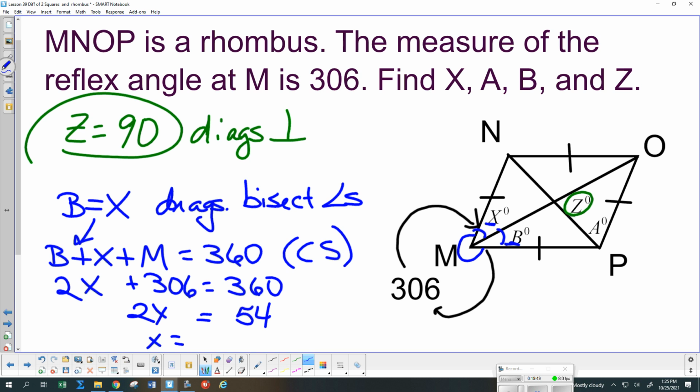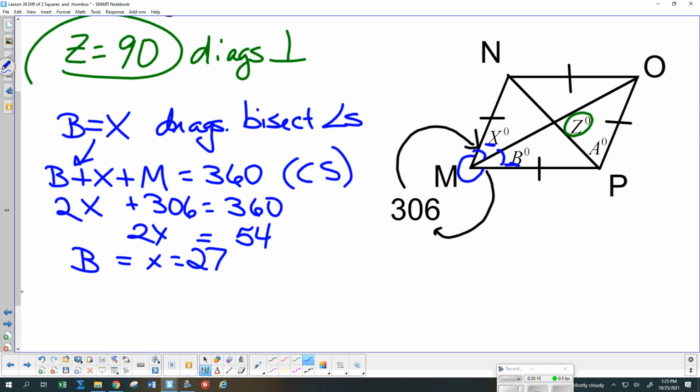2X is 54. Elias, how big would X be if 2X is 54? What do you guys think? 27 sound good to you? Does to me. So that means X is 27 and B is 27.